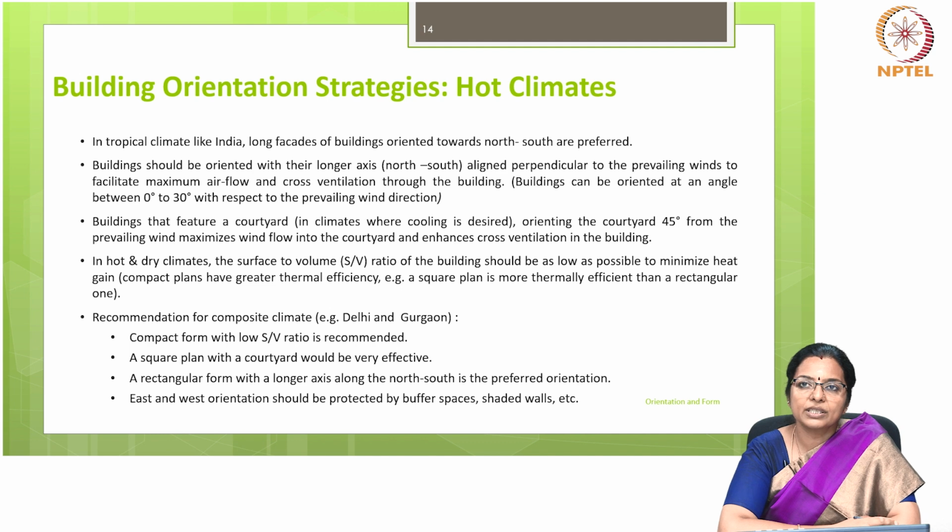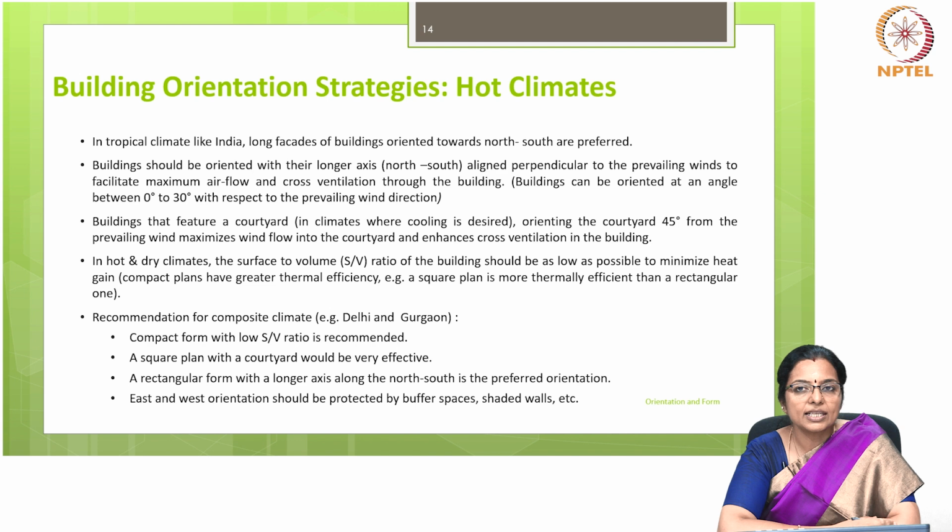For composite climates, say like Delhi or Gurgaon, a combination of strategies is recommended for optimal building performance. This includes adopting a compact form with a low surface to volume ratio, incorporating a square form with a courtyard for enhanced cooling and ventilation, and orienting the building with its longer axis along the north-south direction to minimize direct sunlight exposure on east and west facades.